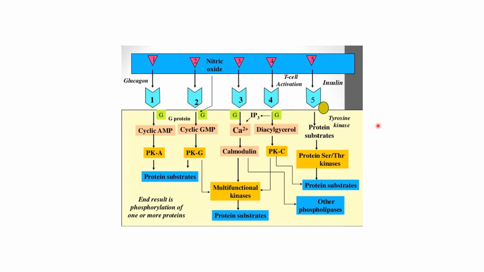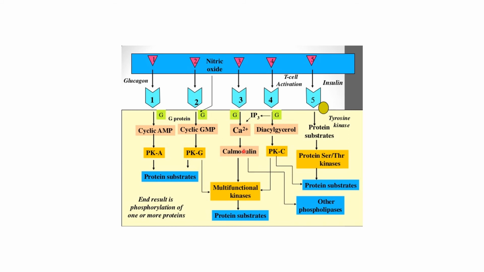Here I have summarized all of these functions. For example, if you focus on the second messengers, then you can easily understand the pathways. For example, in cyclic AMP, glucagon is the ligand and there are protein substrates. And in the case of cyclic GMP, protein kinase G, and in the case of calmodulin, in case of G protein coupled receptors, cyclic GMP is the second messenger.